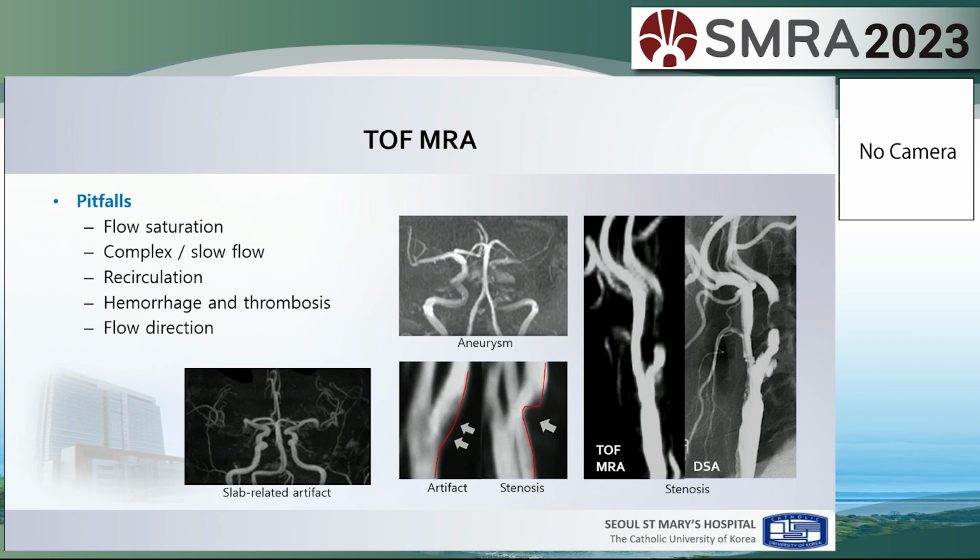In that case the downward flow can be killed because of the saturation pulse meant to kill the venous flow. So a segmental artifact simulating stenosis can be made from this saturation artifact.